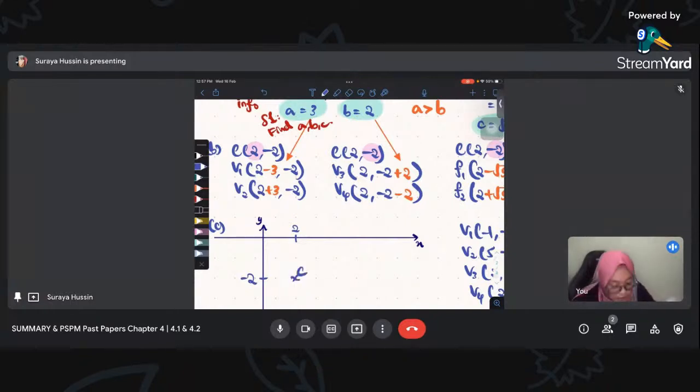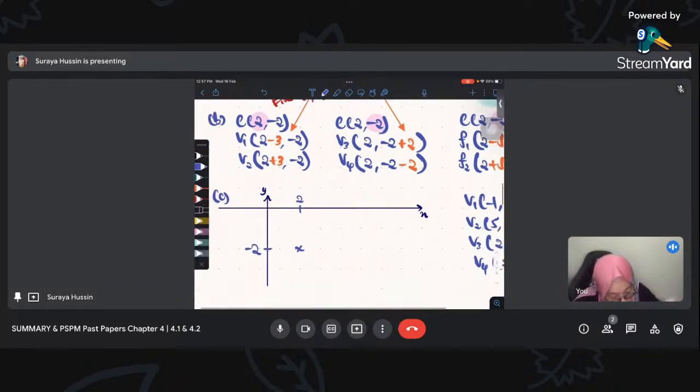So I label C. Dalam peperiksaan PSPM subjektif, wajib lukis dan label macam ni. So you kena make sure you pandai label C tu di mana. So it's very important to find some coordinate lah. Okay, maksud saya, you memang kena pandai cari koordinat and then you lukis, you kena label dia.